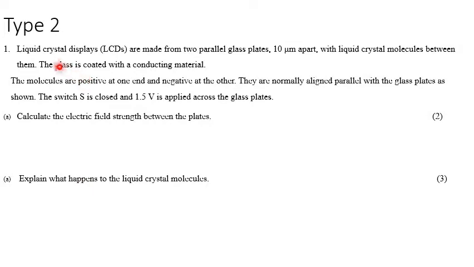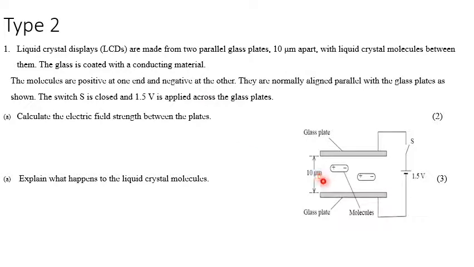In this question, liquid crystal displays are made from 2 parallel glass plates which are 10 micrometers apart. This diagram shows a clear explanation of the situation. The first question is asking you to calculate the electric field strength between the plates.